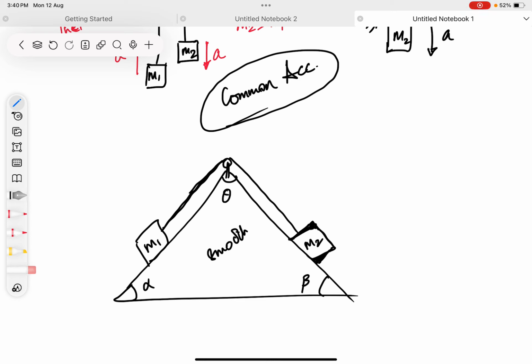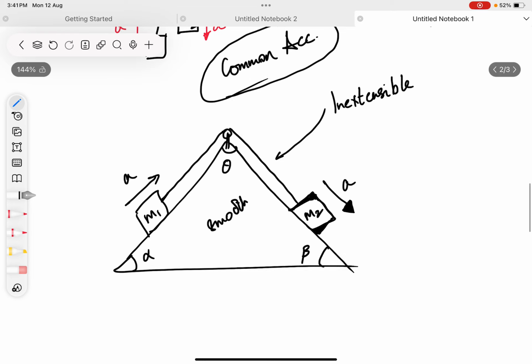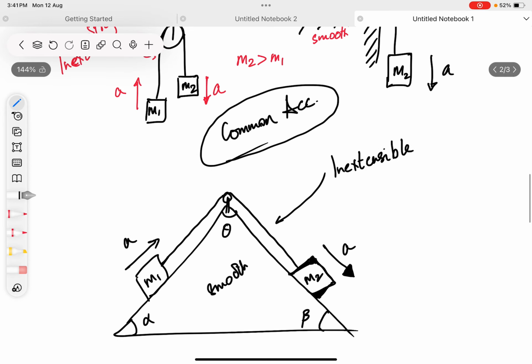Do you feel that both of them will have the same magnitude of acceleration? Yes. This string is an inextensible string. It will not allow the velocity to be different along that string, and it will not allow the acceleration to be different along that string. So let us say that M2 is moving in this direction. Therefore, M1 will be moving up the inclined plane. There are some conditions, and we will check for these, or how we find the actual direction of acceleration.